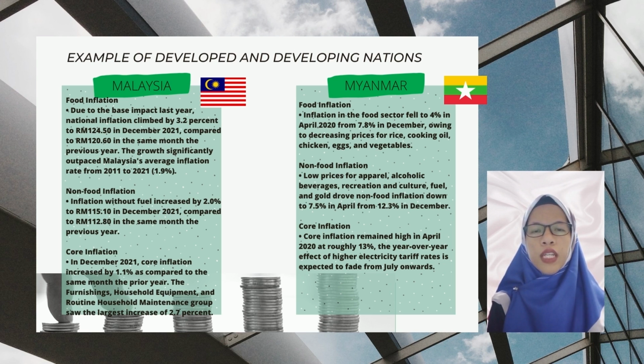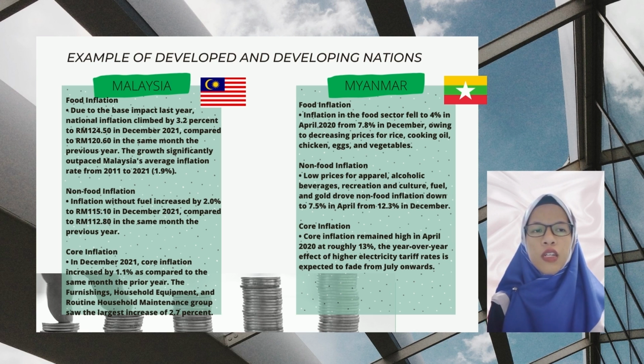Other than that, there is non-food inflation. In Malaysia, inflation without fuel increased to 115 ringgit 10 cent in December 2021 compared to 120 ringgit 80 cent in the same month the previous year.